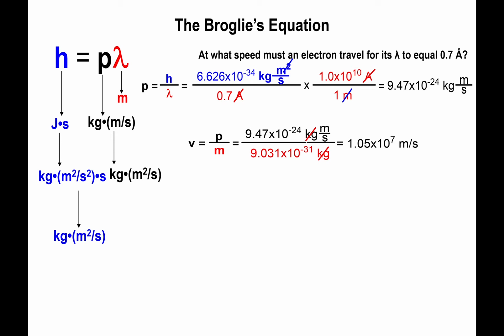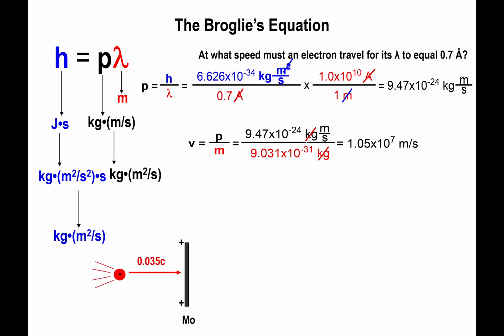What I explained in that lecture was that a particle with a wavelength of 0.7 angstroms travels at a really high speed. We're talking about 10 million meters per second, which is a fraction of the speed of light, but it is pretty high nonetheless.